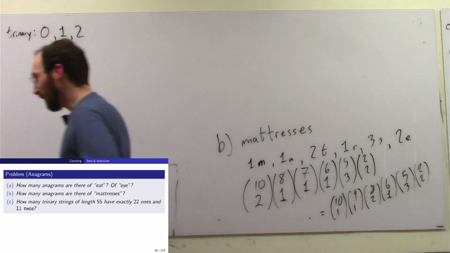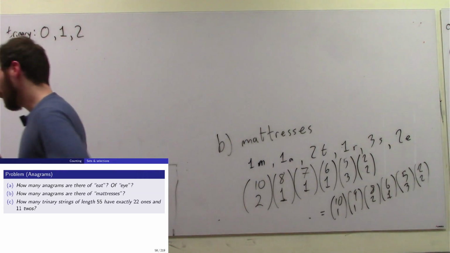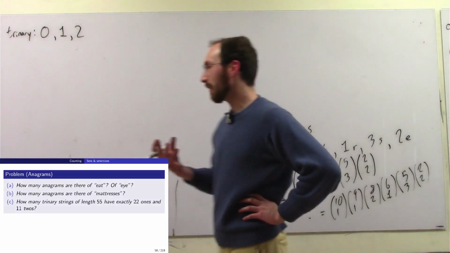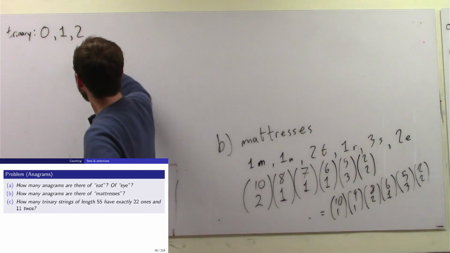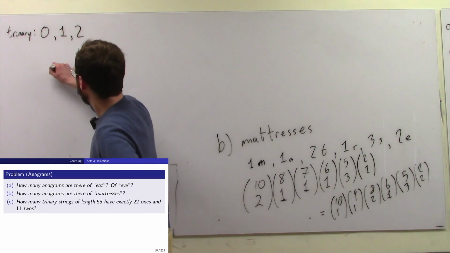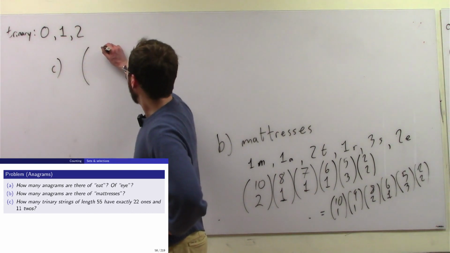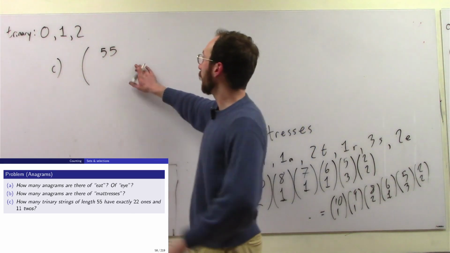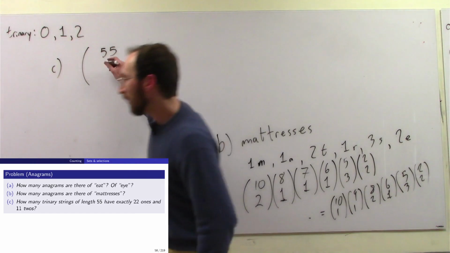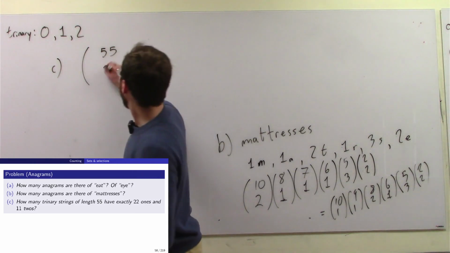And we are going to build some strings of length 55 that have exactly 22 ones and 11 twos. So much like the rest of these problems, we start off with how many spots we have available. We're going to choose where to put our ones.